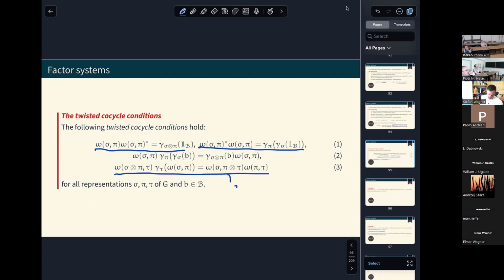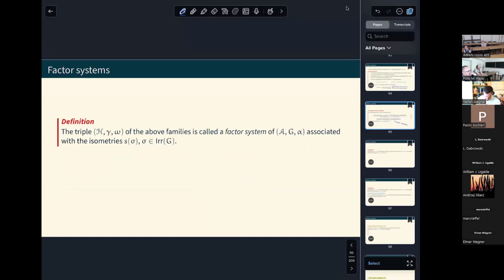So once you have these, they satisfy some conditions. And then this triple consisting of Hilbert spaces, star homomorphisms, and these elements omega is called a factor system associated to the C-star dynamical system and the isometries you started with.